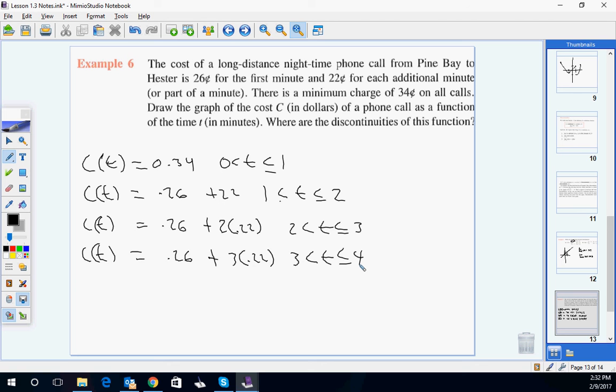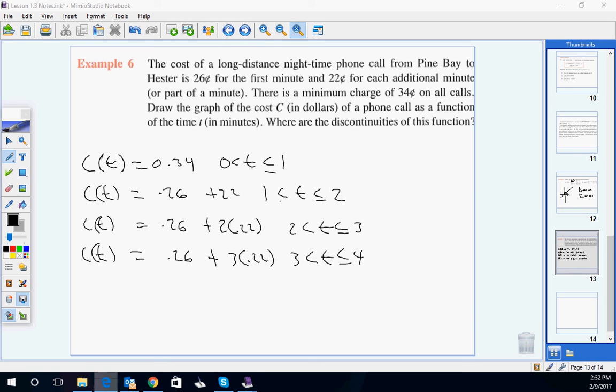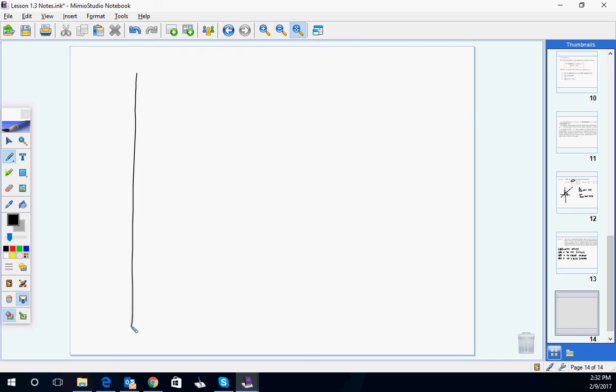What they're asking us is where the discontinuities are. This is a step function, they call it. 34 cents is your first price from 0 to 1. Graphically, time is down here, so there's 1, 2.